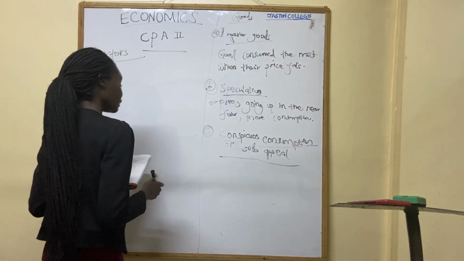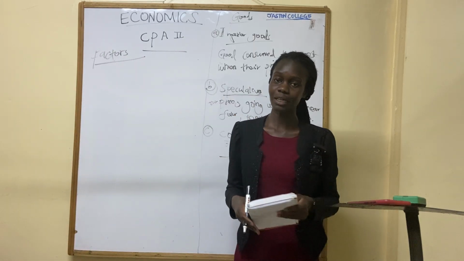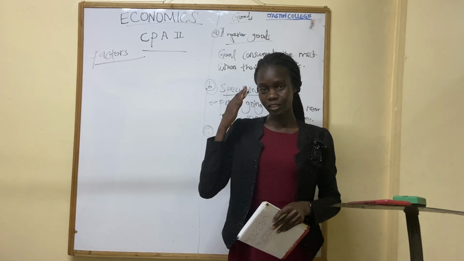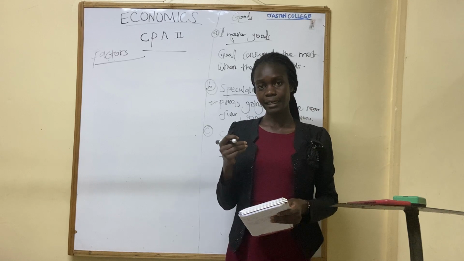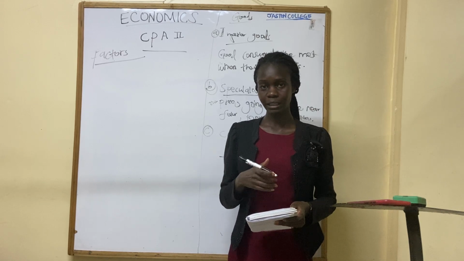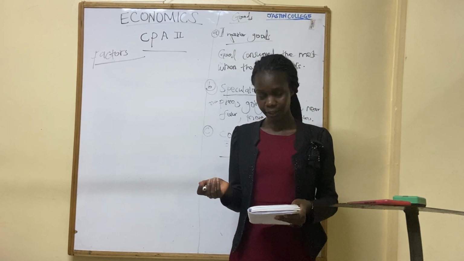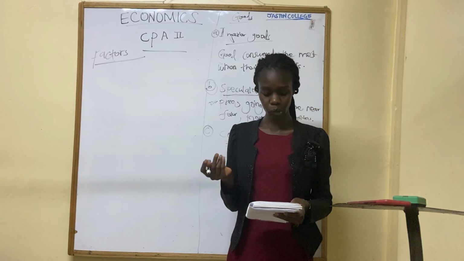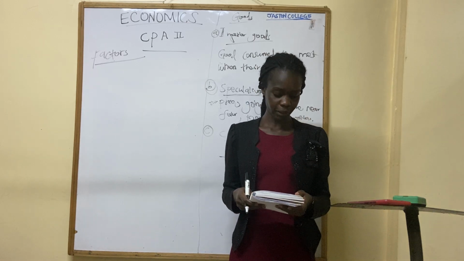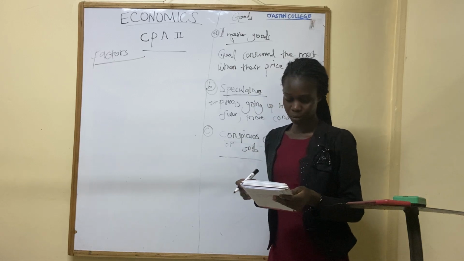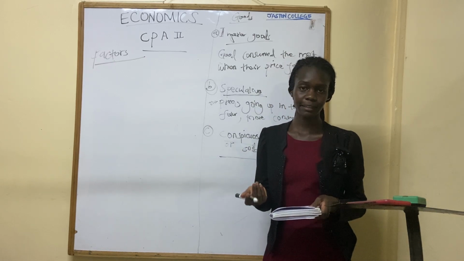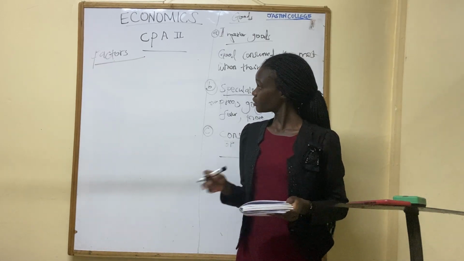The fourth one is the distribution of population. When the population is high, the quantity demanded is likely to be high, and when the population is low, the quantity will be lower. The fifth one is the taste of consumers.